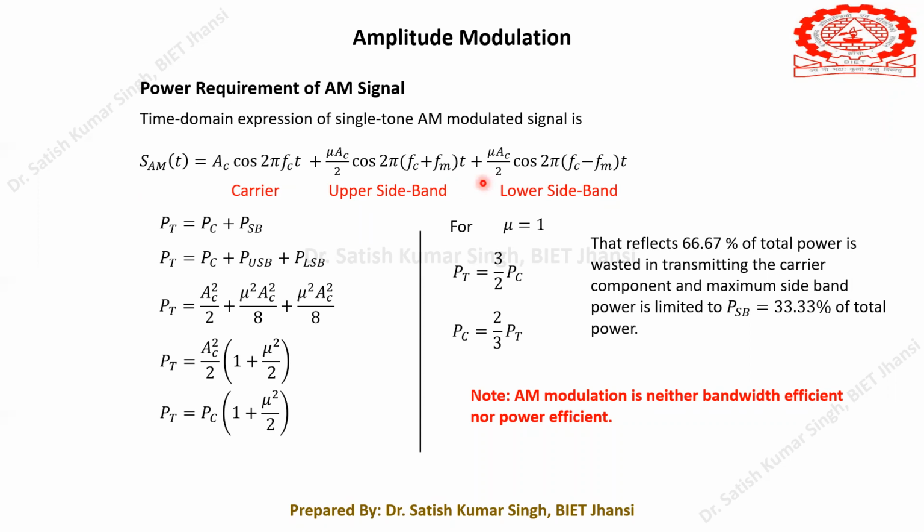So this was our equation, right? So how to get the message signal? You remember that our message signal was m(t) = A_m cos 2πf_m t. That was our required message signal. That message signal we need to extract from the modulated wave.